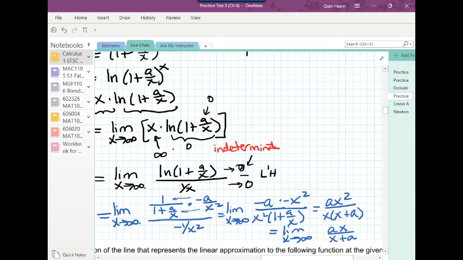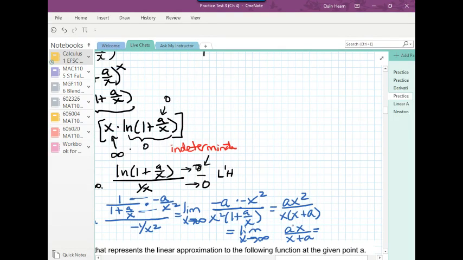Okay, let's see what we need to do with this. So we're going to have a x squared over, I'm going to go ahead and distribute the x squared, one of the x's from the x squared. It's going to give me x times x plus a. Then I'm going to cancel one of the x's, and we're going to have a x over x plus a.